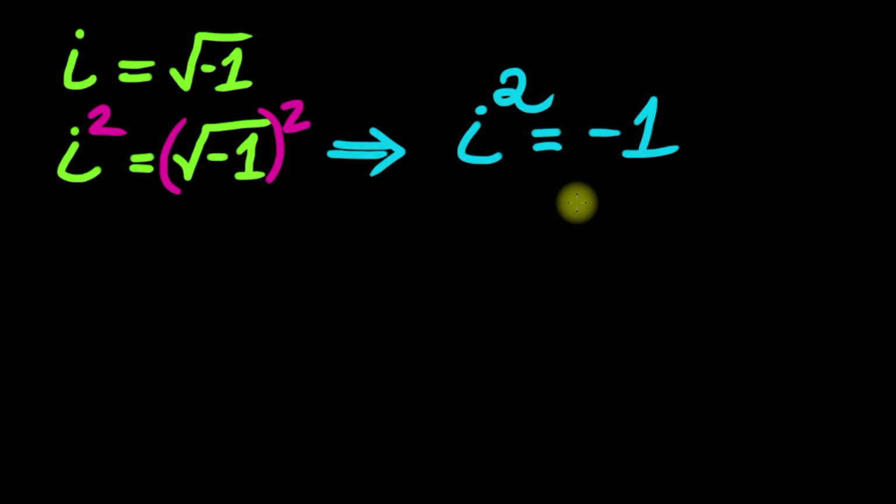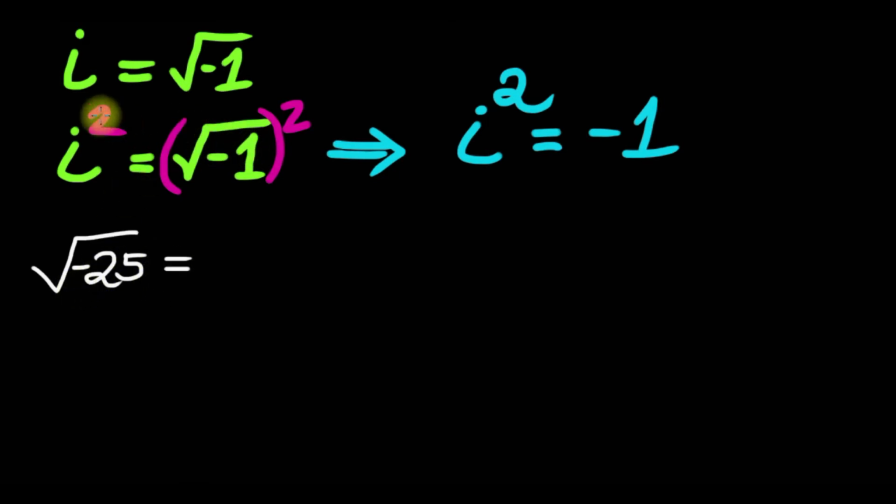So i was created because people at first needed to solve problems such as the square root of negative 25. When you take the square root of 25, you get 5 because 5 times 5 gives you 25. But if you try to take the square root of negative 25, it's not possible because it's not a real number.